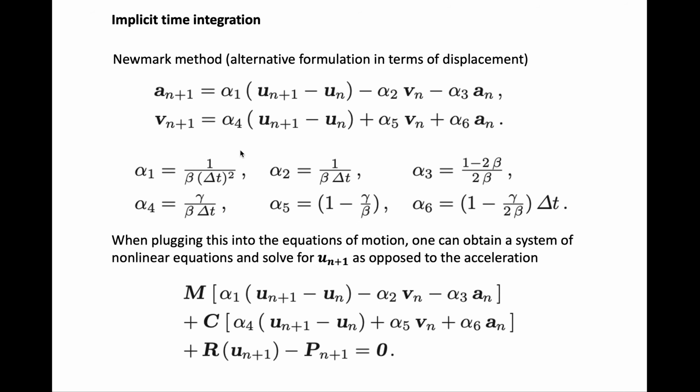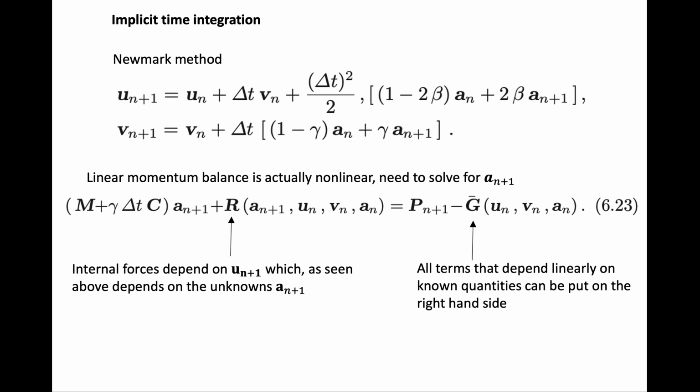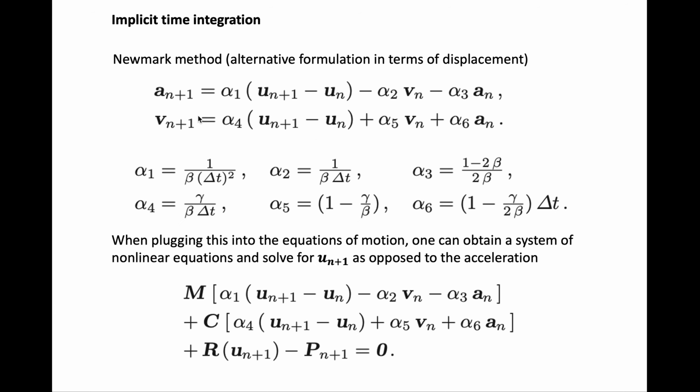So these are just different choices for gamma. And then an alternative formulation is, going back here, in this formulation the unknown is the acceleration at time n plus 1. You can reformulate things so that the unknown is the displacement. And so you can express the acceleration and the velocity in terms of the displacements at un plus 1.